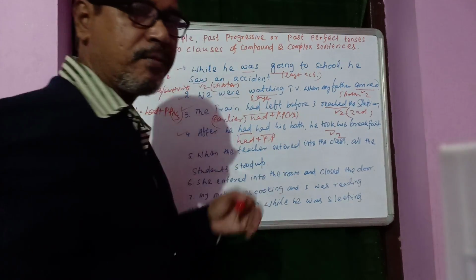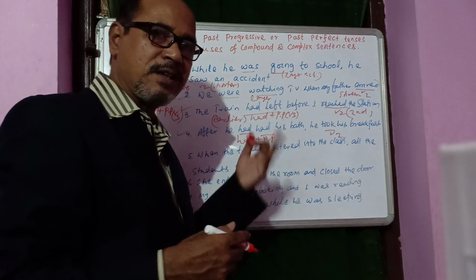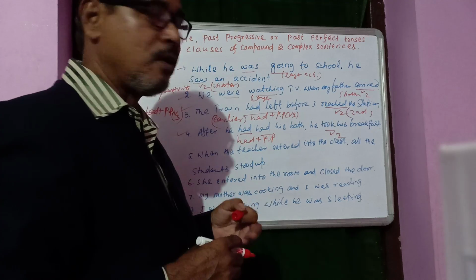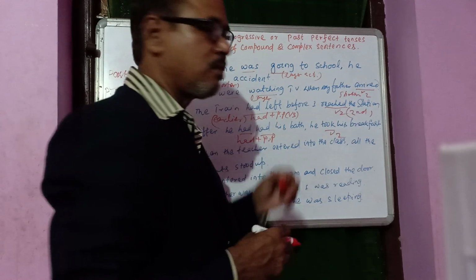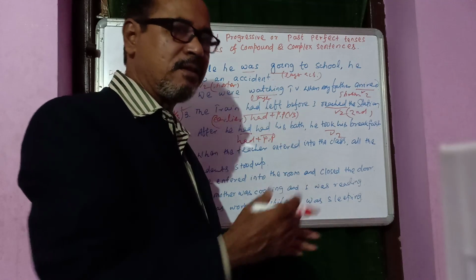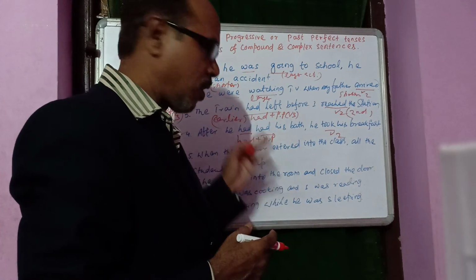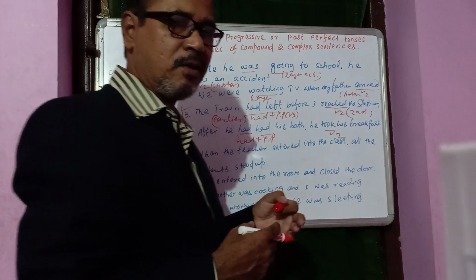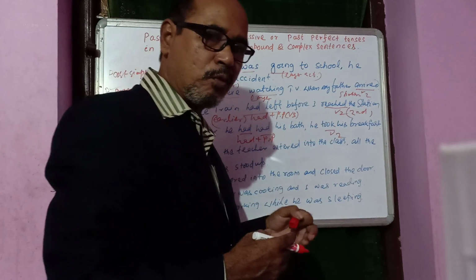Why does this happen? Both actions happened in the past, but this action happened earlier and this action happened later. If the action happened earlier, it takes had plus PP. If the action happened later, it takes the past simple.